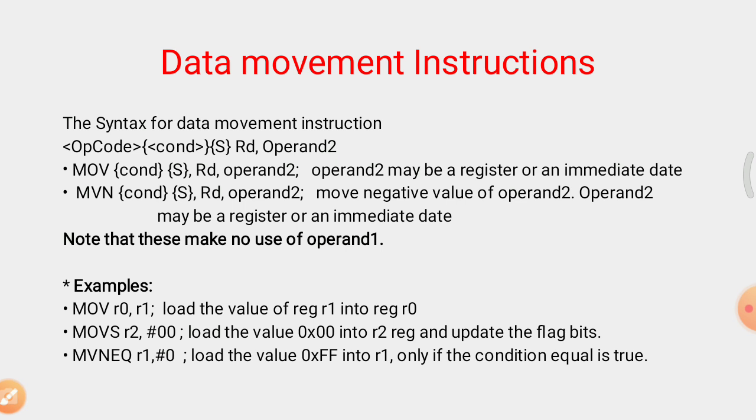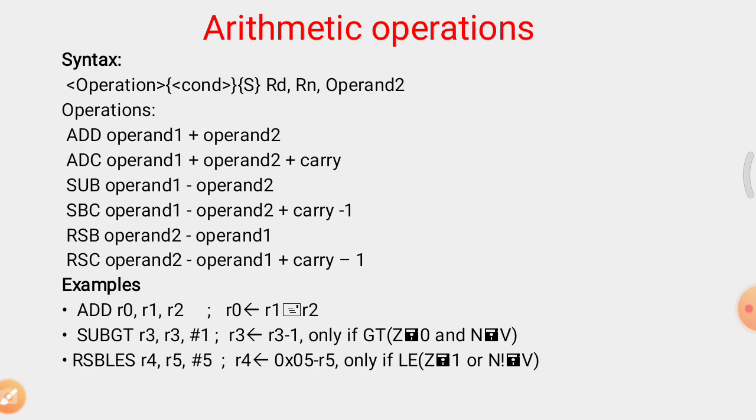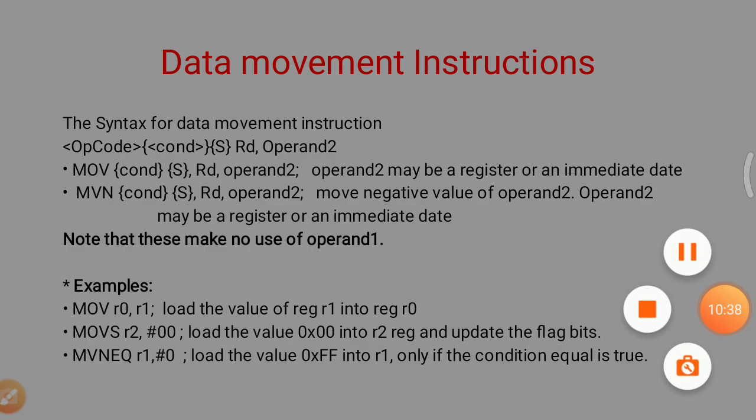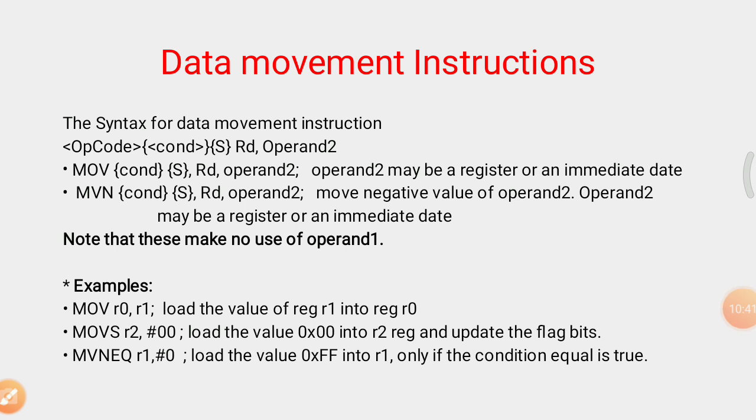So here the syntax for data movement instructions is: first there should be an opcode, operational code, and then there should be a condition, condition code, which we have already seen in the previous slide, and then the suffix S. After this there should be a space, and then there should be a destination register Rd, comma, operand 2.